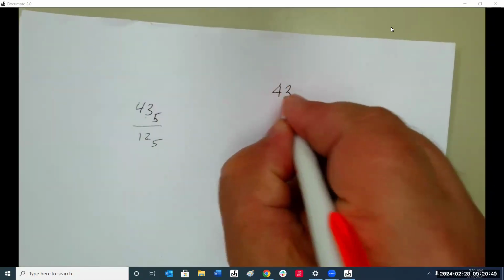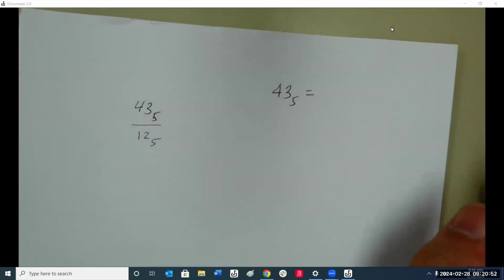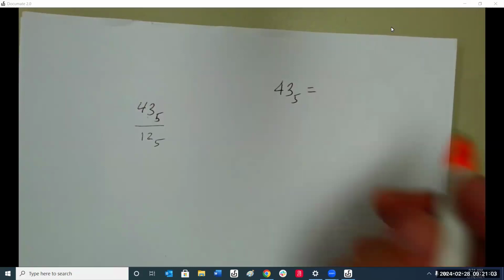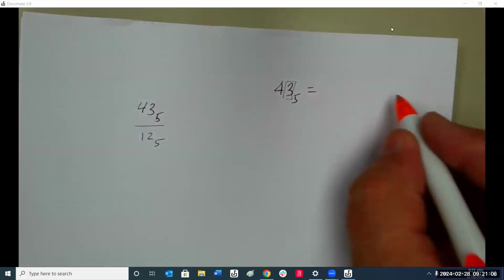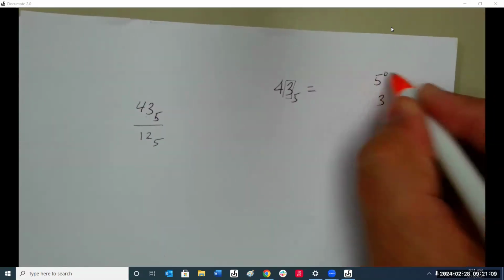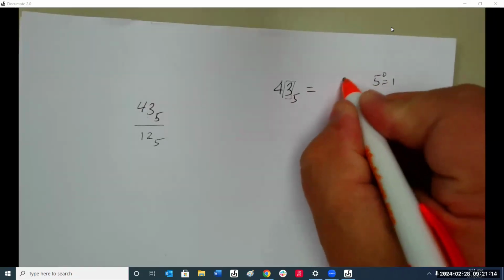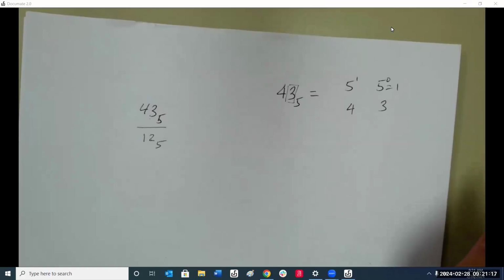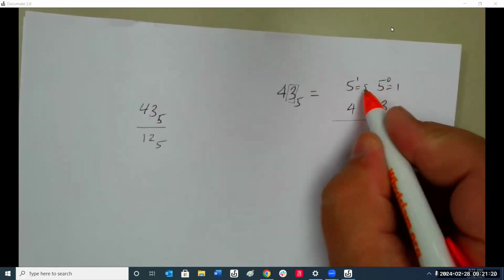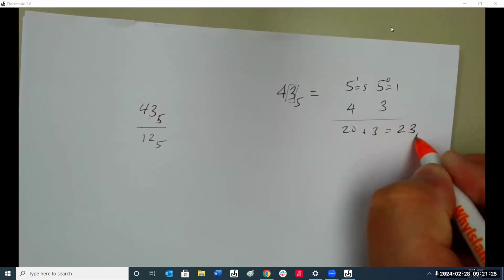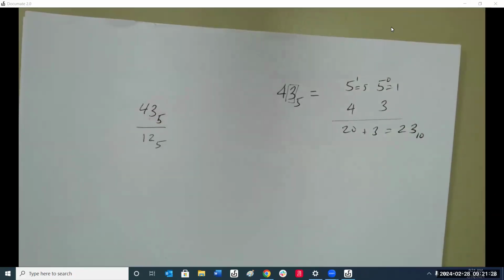What does 4, 3 base 5 represent? Remember what these numbers represent. The first one represents the ones column. Yeah, so that's 3. The other one is the 5s column. So 5 times 4 is 20. This number here is actually 23 base 10.